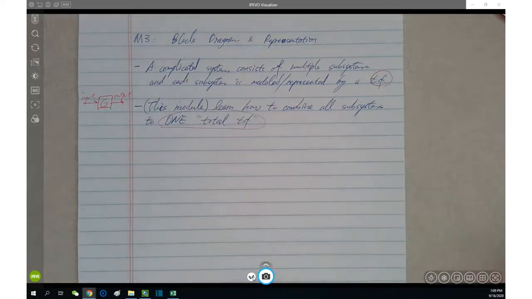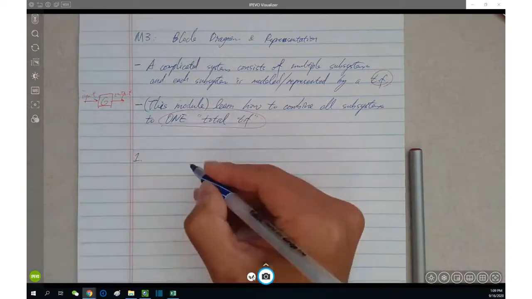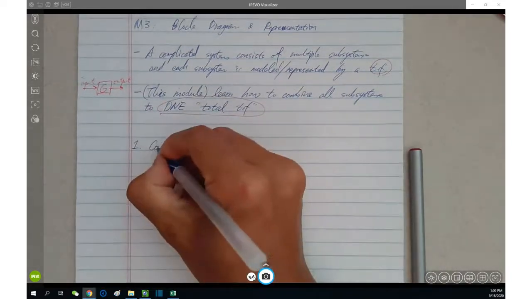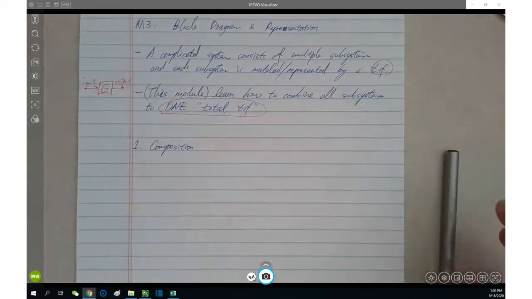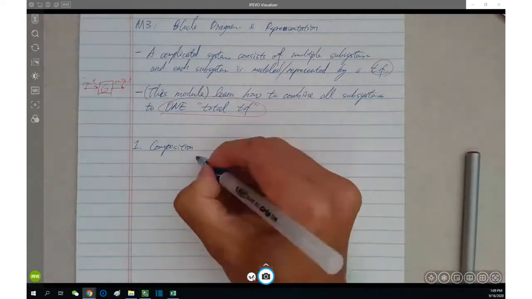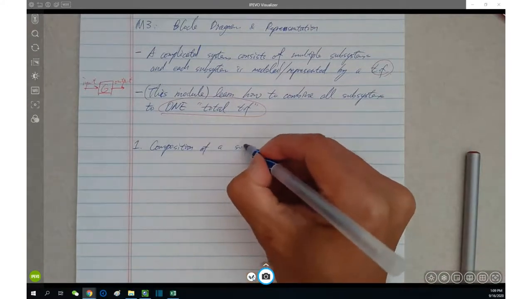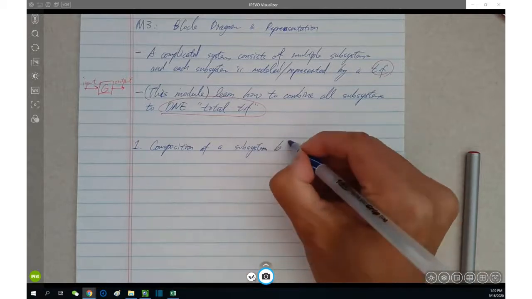This is what this module is about. So let's learn the basic one first. Obviously, we need to understand what it means by block diagram, the composition of a subsystem, block diagram.